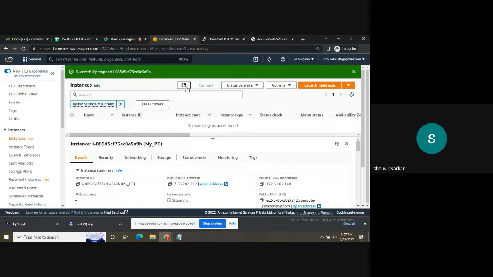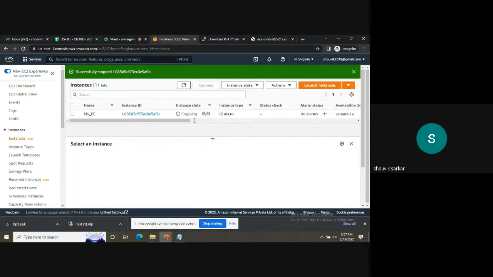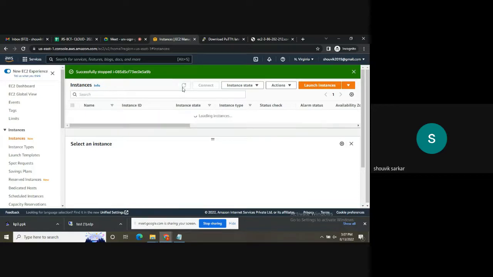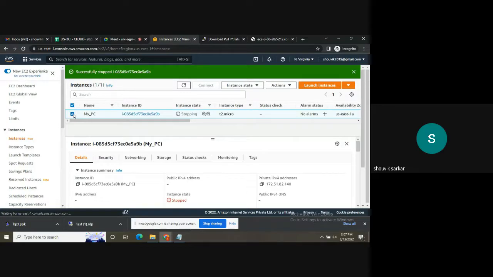After stopping it, if you go with the stop option, and now if you go with these options, still it's stopping. So as you find out, whenever it stopped, it automatically lost its public IP address.